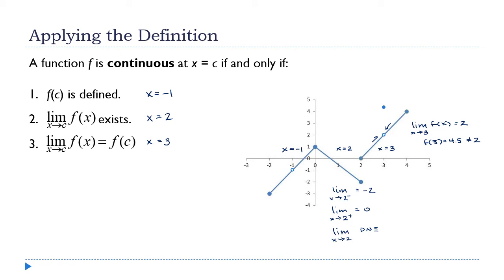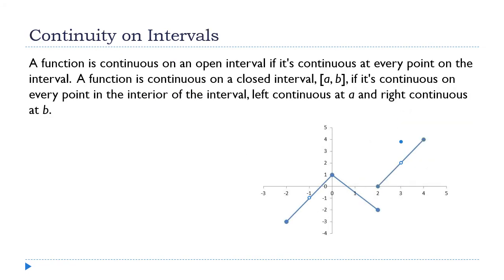Okay, so you see how we could use these criteria, right? This is a little quicker sometimes than just using the definition. I like a checklist, right? We can just go down 1, 2, 3, see if any of these fail, then the function is discontinuous at that point. Okay, so I found all the points where the function is discontinuous.